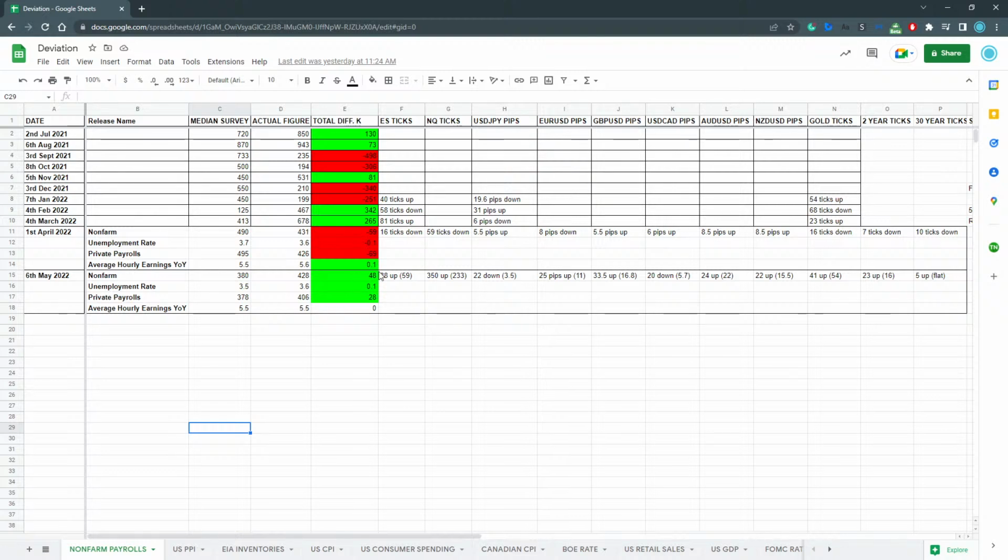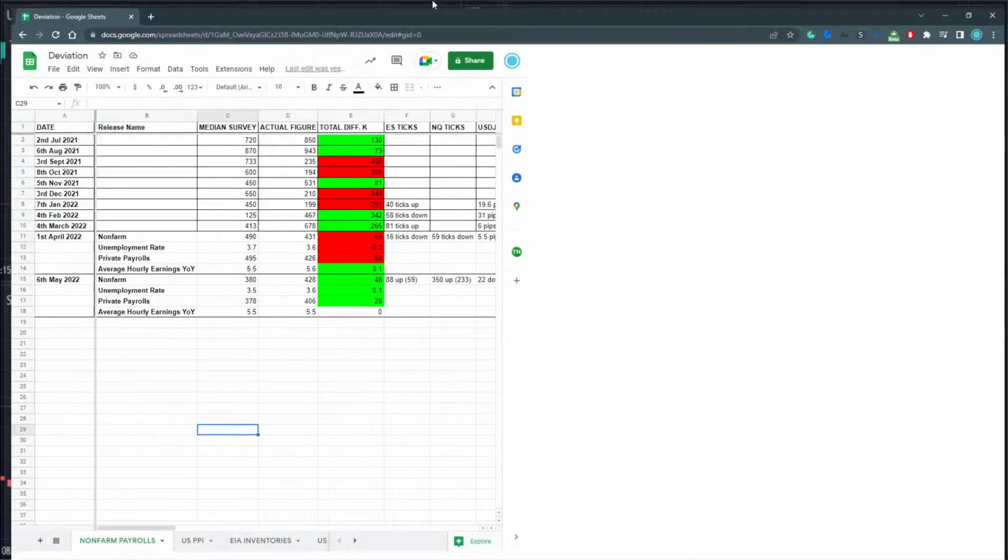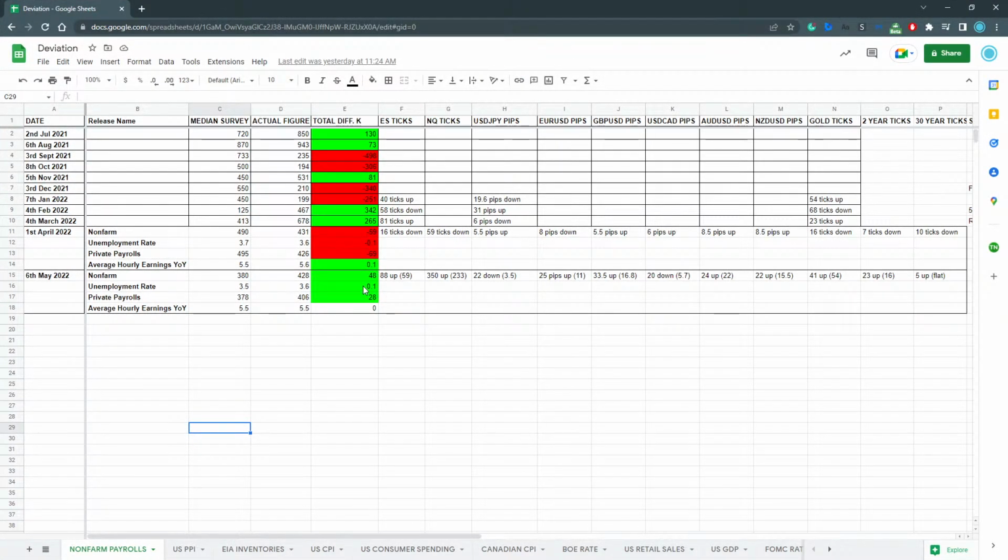Again, like we'd seen, there was more of a mixed reaction in the markets when the figures weren't outstanding. So for the dollar, if you're trading currencies, in the past you'd want about a 300k deviation on the non-farm payrolls figure itself, and you'd also want the unemployment rate to tick down, or to meet the expectation of economists.